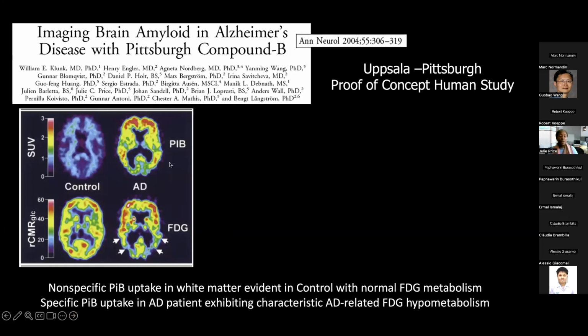This is SUV, no modeling, but a control subject that exhibited normal FDG metabolism, and an AD subject that exhibited nearly twofold higher PIB uptake in frontal cortex relative to the control. And this same AD subject showed the standard FDG hypometabolism, temporal parietal hypometabolism.